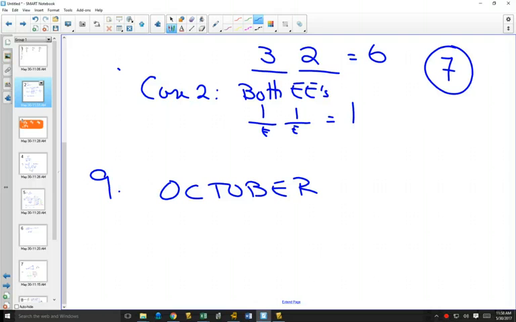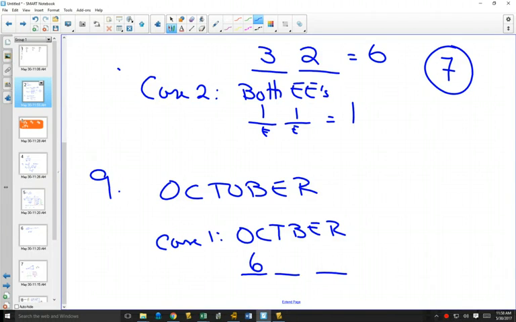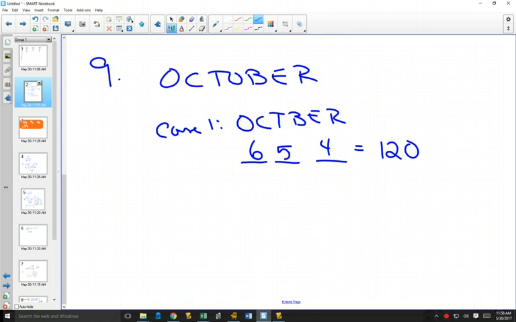And it says how many 3-letter words. So if we deal with it the same way and take out the repetition, so we just have Okber, then there's 6 different letters, so it's going to be 6, then 5, then 4, or 120 ways where all the letters are different.